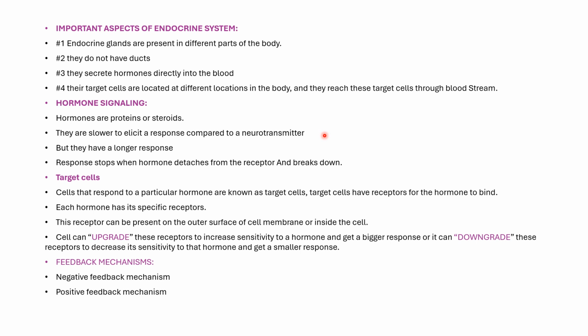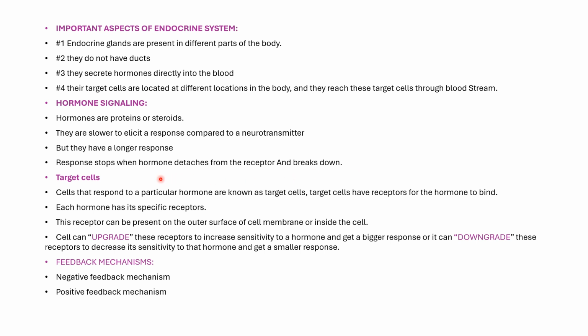That is a very fast signaling and response system. Whereas hormones travel in the blood and take a longer time compared to the neurotransmitters to start a response. But their response is longer compared to the neurotransmitter. And the response stops when the hormone detaches from the receptor and breaks down.